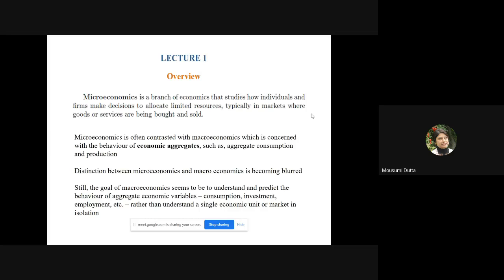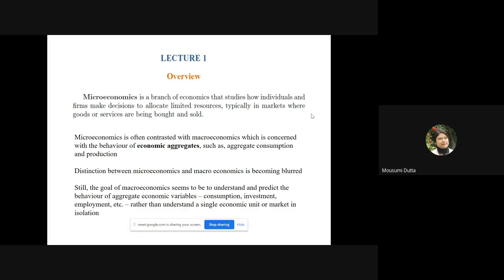And finally, in the last semester, we will talk about economics under uncertainty. We will talk about some aspects of game theory, welfare economics, etc. So that will be the last course. In these courses, one by one, we will try to understand all these things.